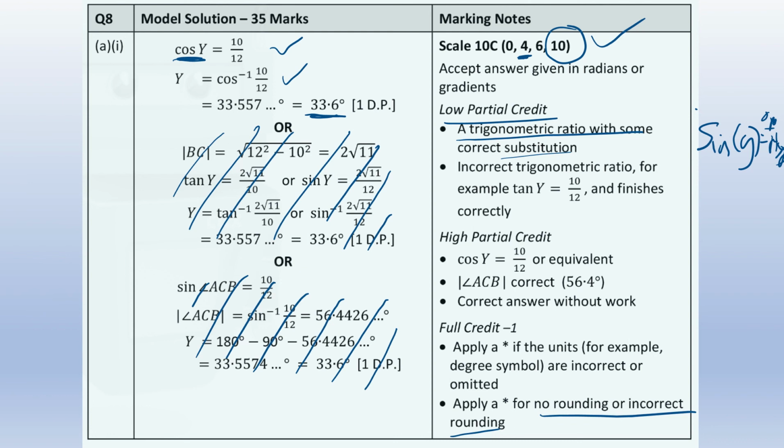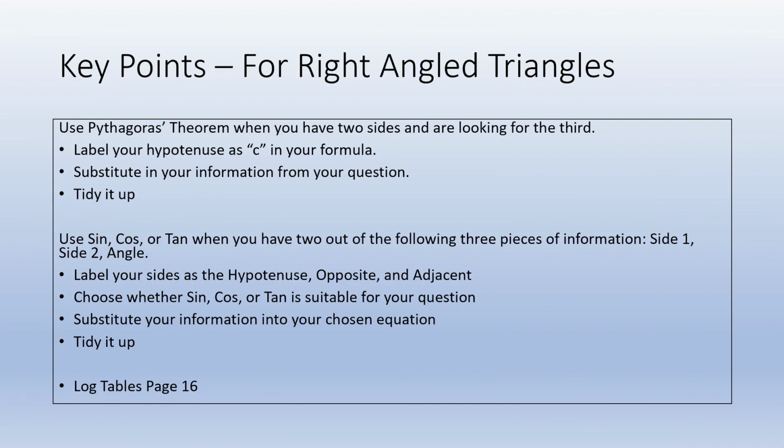Okay, I've been talking for 50 minutes, so I'm going to wrap this up now. For your key points for right angle triangles, this is all your Pythagoras Theorem stuff here. And then I suppose this is what we've looked at today. So use sine, cos, or tan when you have 2 out of the following 3 pieces of information. So you're going to be given 2 sides and an angle, and you'll be missing one of those things, and you'll need to use sine, cos, or tan in order to bring that back.